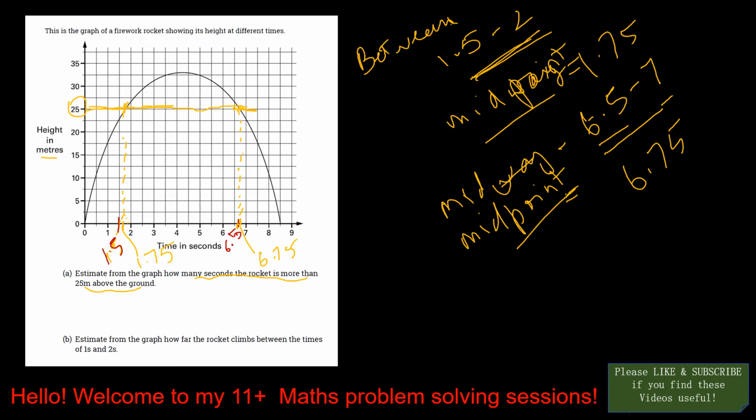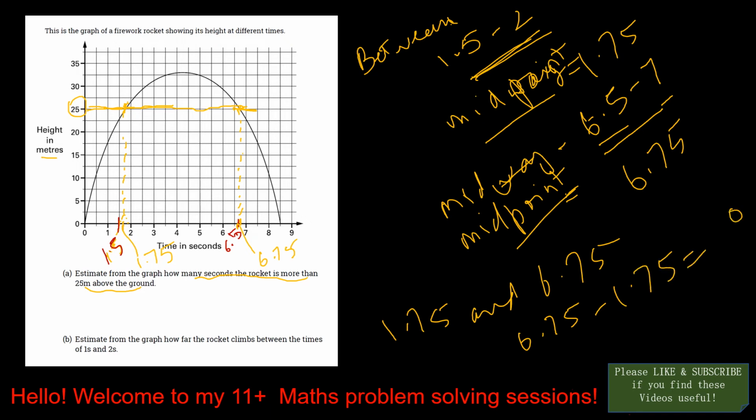The points on the x-axis are 1.75 and 6.75. That shows how long the rocket is above the ground. If we subtract 6.75 minus 1.75, I get 5.